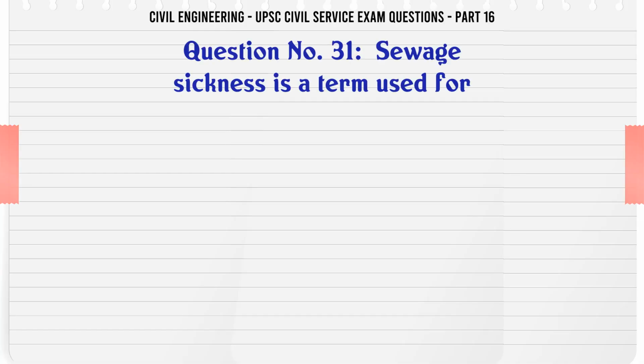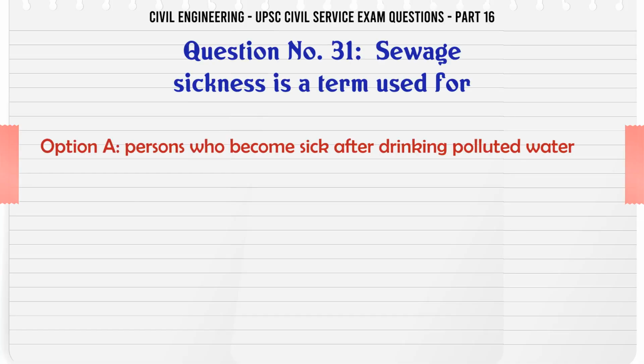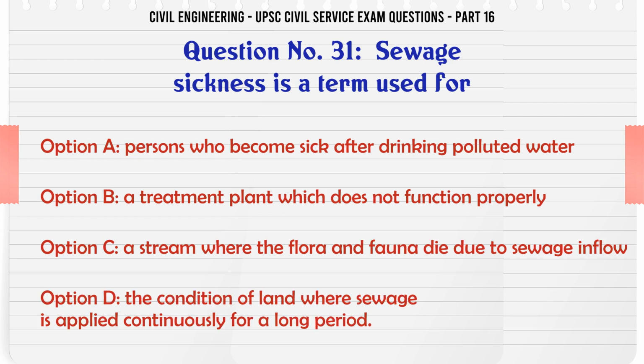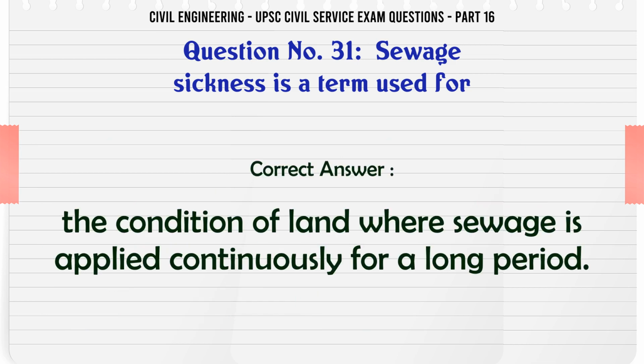Sewage sickness is a term used for A. persons who become sick after drinking polluted water, B. a treatment plant which does not function properly, C. a stream where the flora and fauna die due to sewage inflow, D. the condition of land where sewage is applied continuously for a long period. The correct answer is the condition of land where sewage is applied continuously for a long period.